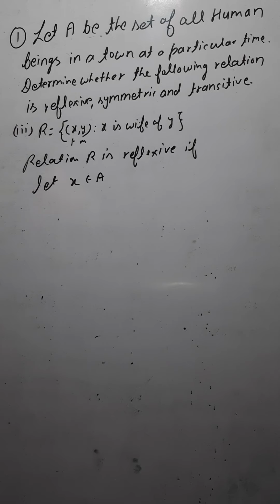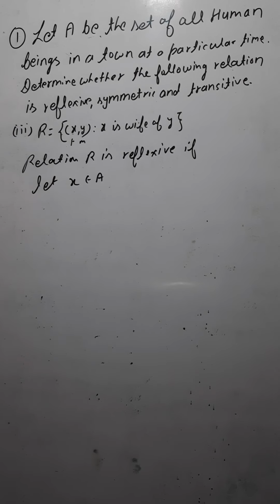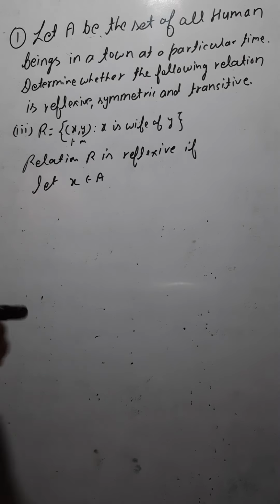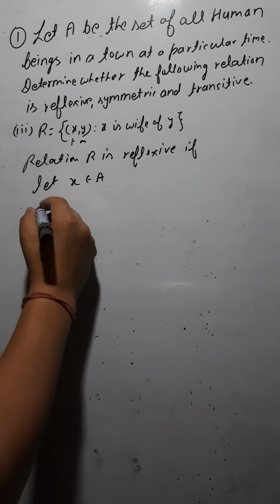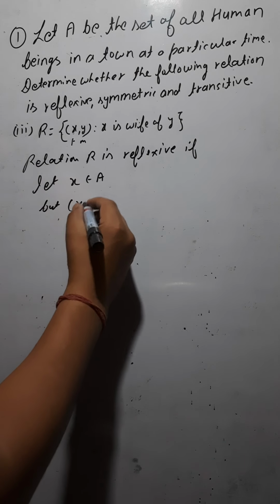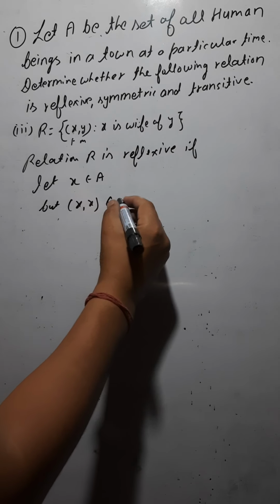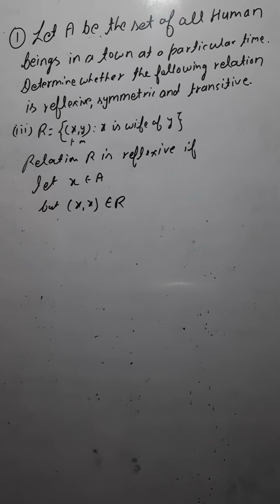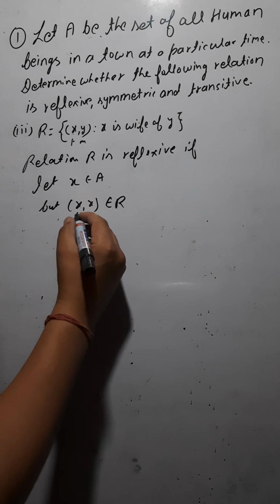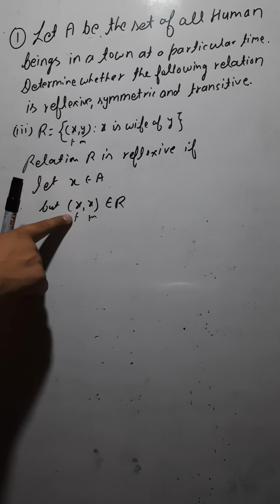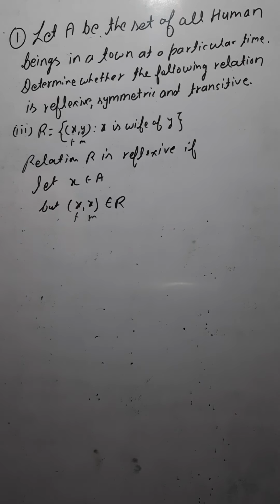Then we would call this relation reflexive. But does the ordered pair (x, x) belong to the relation? The first should be female, and the second should be male, meaning x should be the wife of the second one.